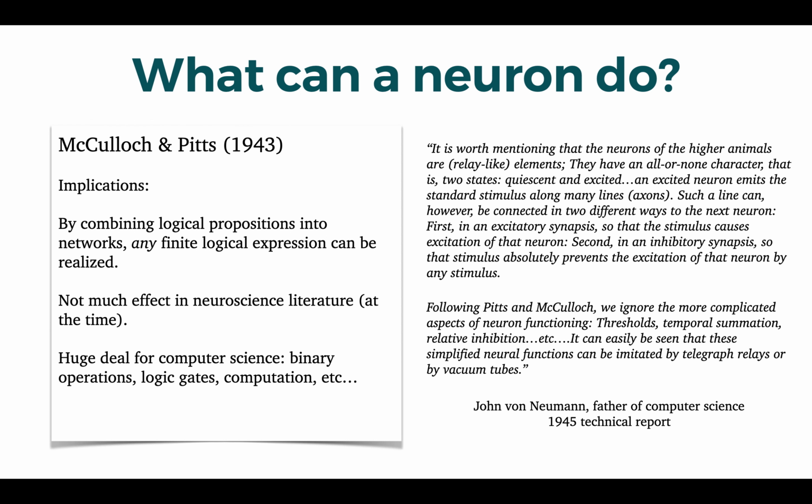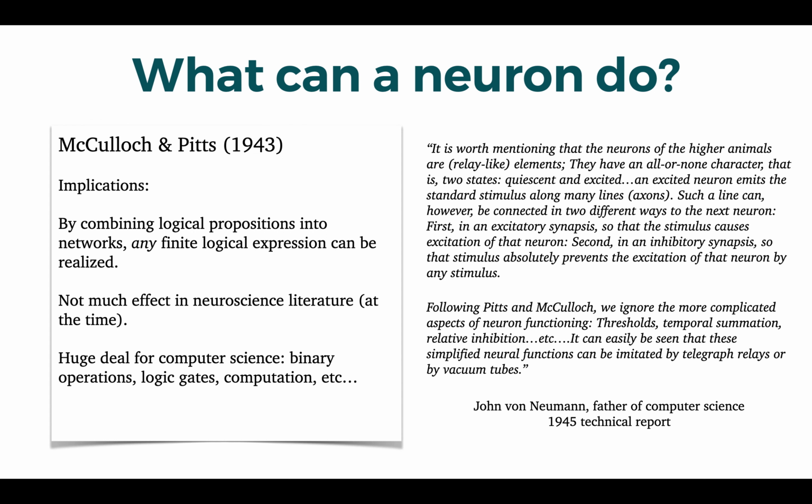Now, this is the father of computer science, and this is what he wrote in a 1945 technical report. It's worth mentioning that the neurons of the higher animals are really like elements. They have an all or none character, that is, two states, quiescent and excited. An excited neuron emits the standard stimulus along many lines, axons. Such a line can, however, be connected in two different ways to the next neuron.